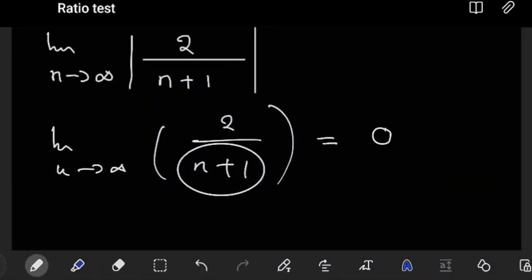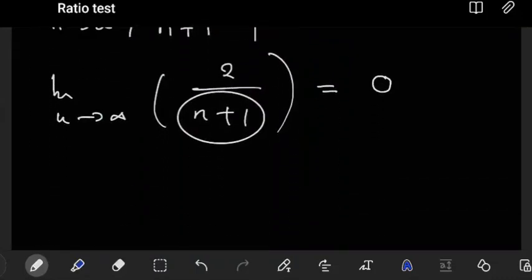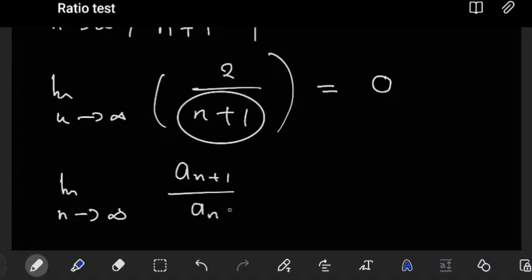Now does a sub n converge or does it diverge? Our limit as n approaches infinity of a sub n plus 1 divided by a sub n is 0, and 0 is indeed less than 1. Because our solution is less than 1, what is our conclusion?